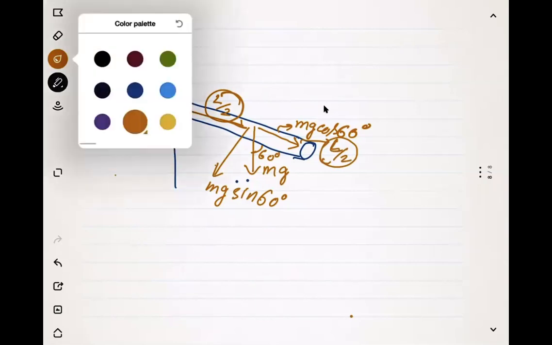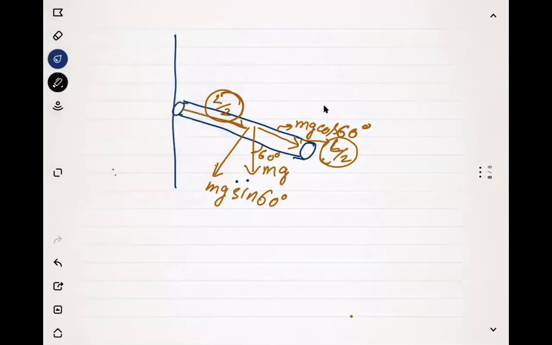Now, after resolving, what is the status? What will be the moment of mg? The moment of mg, if it's to be calculated, then you have to focus on the components.